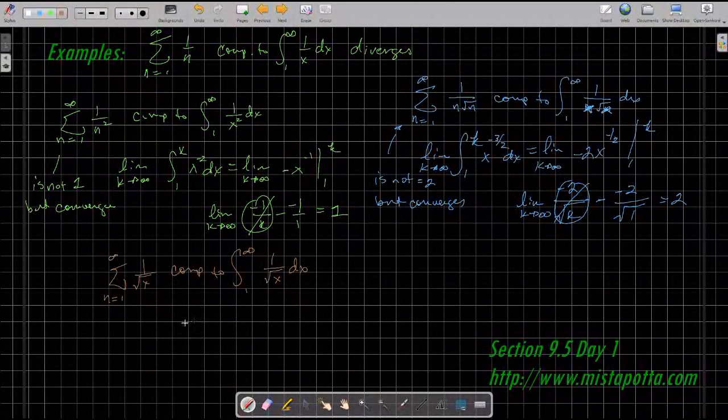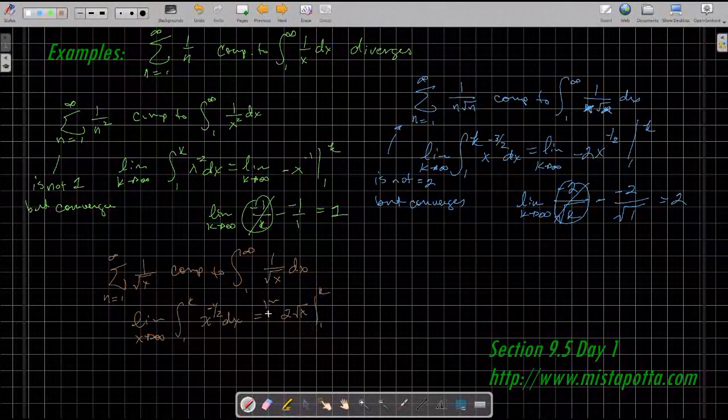So I'm really looking at the integral from 1 to k of x to the negative 1/2 dx, the limit as k goes to infinity. But the antiderivative of this ends up being 2 square root of x, which I'm evaluating from 1 to k.